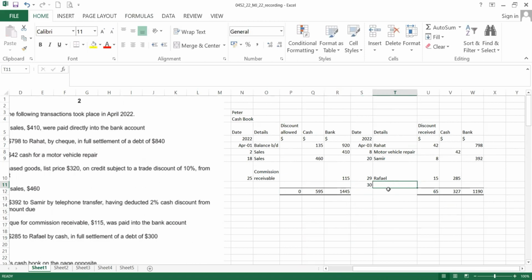So 30th, balance carried down. Take the debit minus the credit, so this is the amount that we get, 268. Whereas here, we take 1445 minus 1190. So this is the amount that we get. Always remember, carried down and brought down must be complete. So balance brought down. You don't need to bring down the discount. So this is the amount that we get.